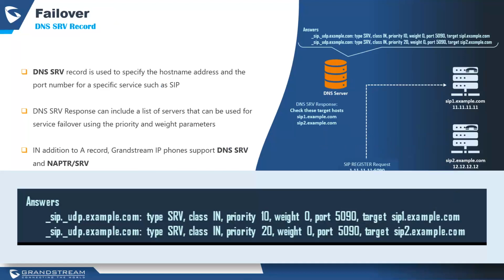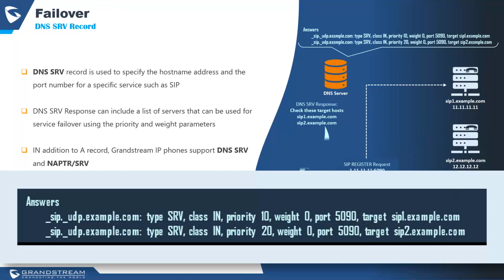So we have one server with a priority of 10, and the other has a priority of 20. And the DNS standard dictates that the target host with the lower priority value should be prioritized. In other words, the lower the priority value, the higher the priority. So in this case, the target host sip1.example.com with priority 10 will be prioritized.